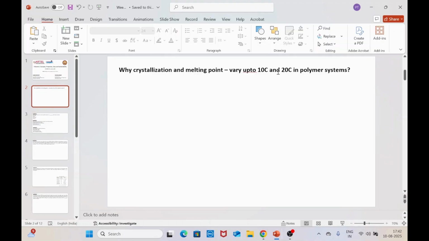Please go through why there is this difference between crystallization and melting point in polymer systems, whereas the same does not exist for other crystalline materials. Of course, we will surely discuss this in the next session.